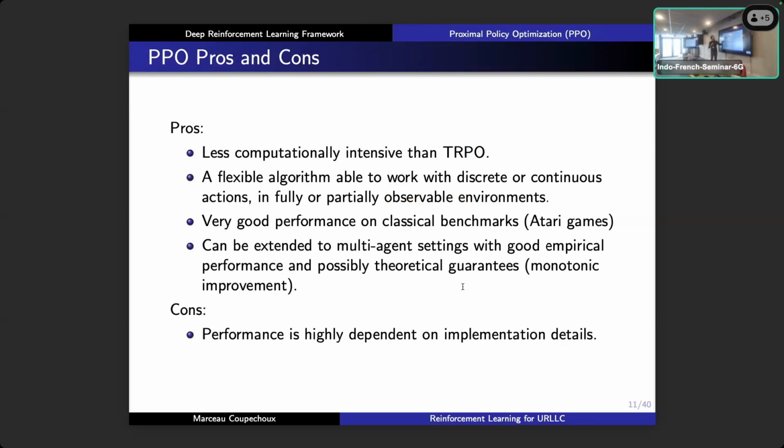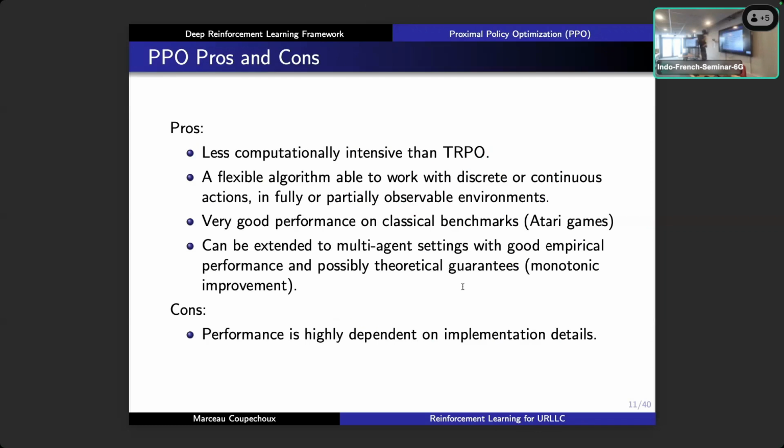Recently, we have seen that PPO was not the best one, but so far it has been very good on the classical benchmarks, which are, for example, the Atari games, so it has good performance, and it can be extended to multi-agent reinforcement learning by using IPPO, so independent PPO. So we deploy PPO in every device.